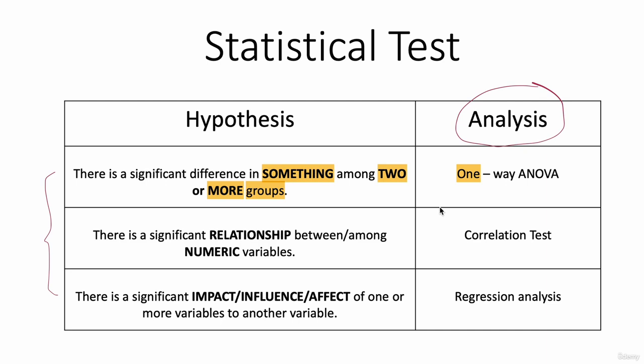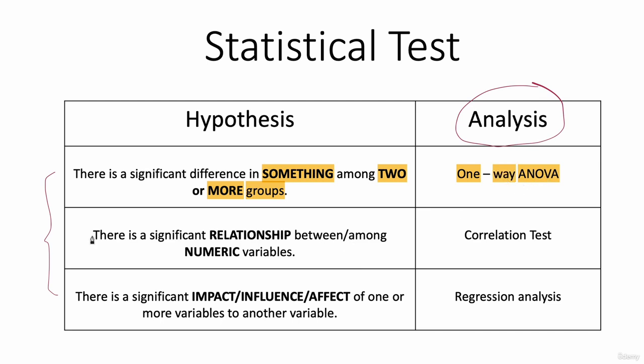So in our case there are two groups and we are measuring the difference in students' performance. So we are about to conduct the one-way ANOVA as per our scenario. So the selected statistical test as per our scenario will be one-way ANOVA.